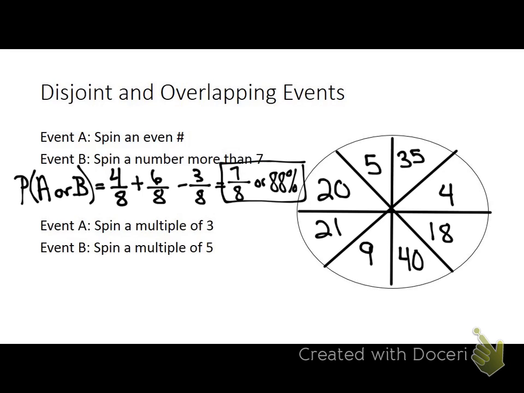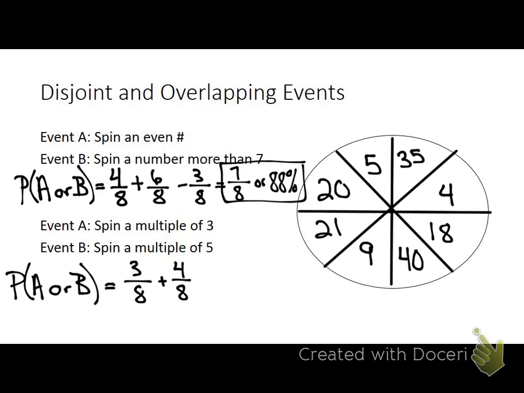So based on the information that I found, are these events disjoint or overlapping? They're overlapping because there are some shared outcomes between the two events. All right, now look at events A and B below. How many multiples of 3 are on the spinner? 3. And how many multiples of 5? 4.